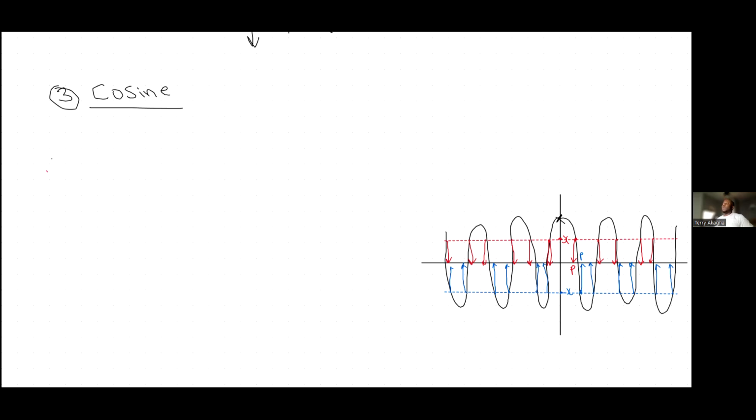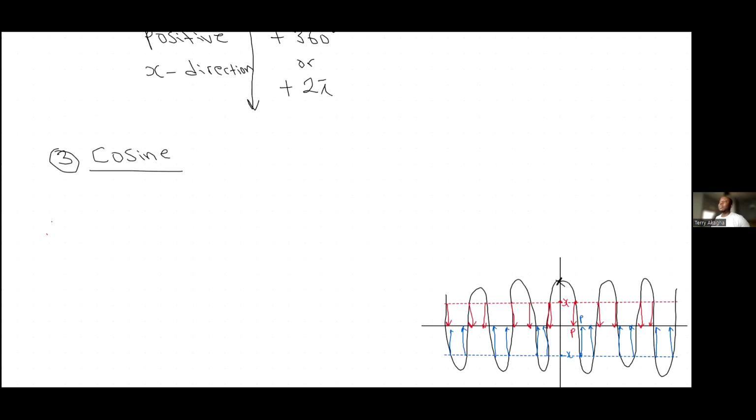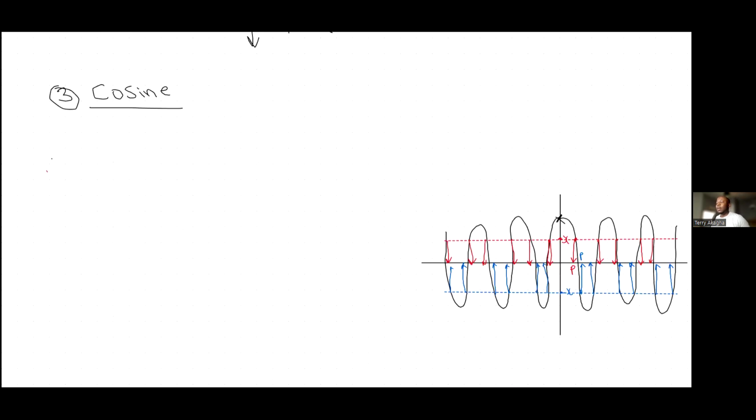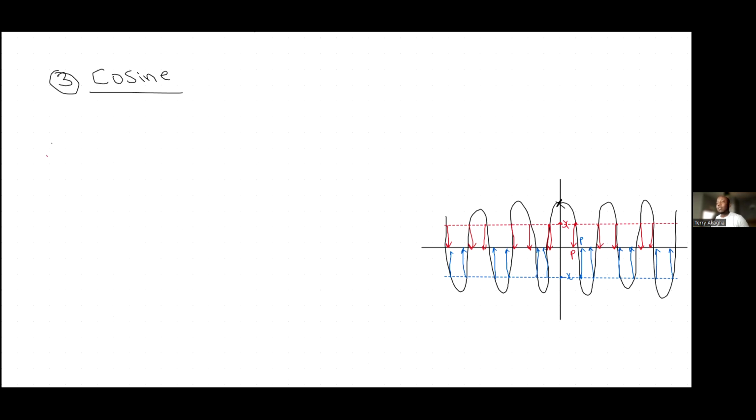Similarly to what I explained earlier, we use the same principle I did for the first angle and second angle when I was solving for sine and tan. So the first thing I'm going to do is first find the first angle.